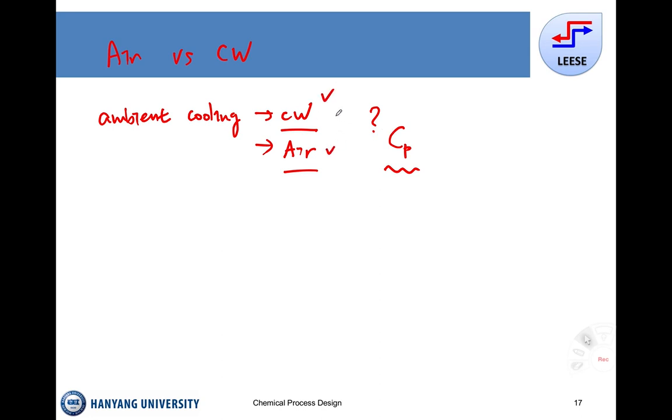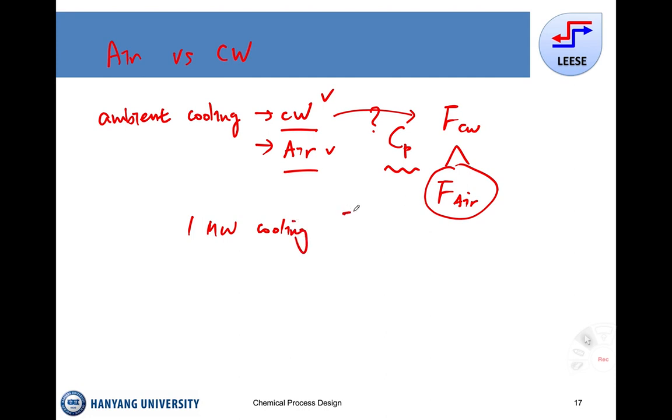So the flow rates of cooling water and air are different. We need a large flow rate to provide cooling through air. Let's say we want 1 megawatt of cooling, then the flow rate of air required to provide 1 megawatt is different from that of cooling water.